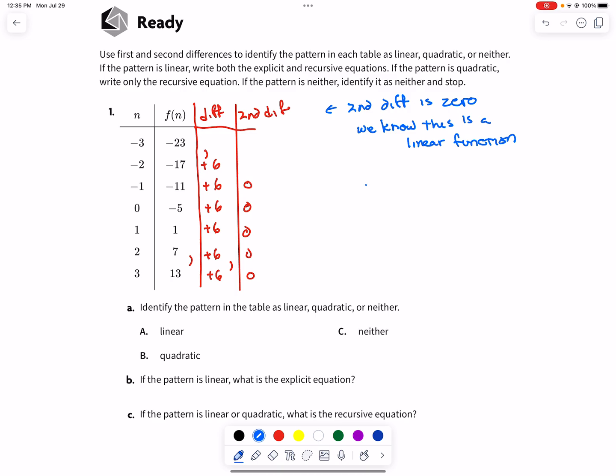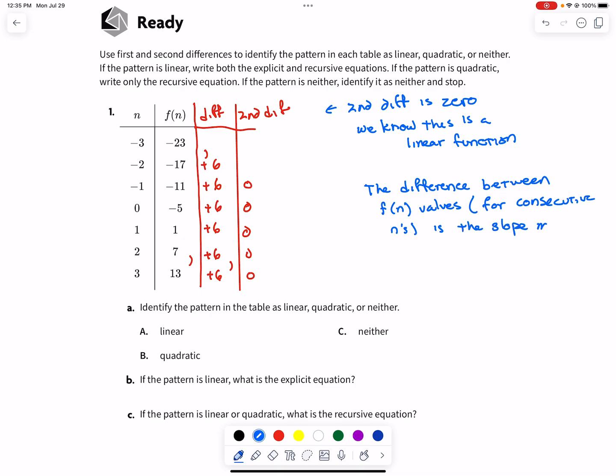So let me write that down. Okay, mx plus b, we need b. And b is the value when the x coordinate is 0.